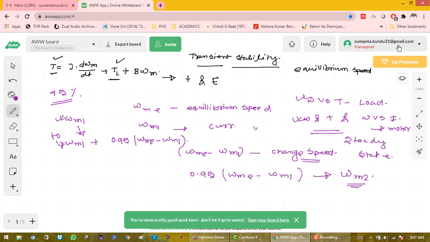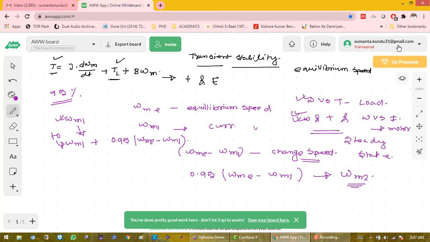Okay. So now the question that must arise in our mind is why we are taking steady state. We have told us that steady state omega versus T and omega versus I curve. Now why steady state? Because the mechanical time constant of a drive is usually very large compared to the electrical time constant.